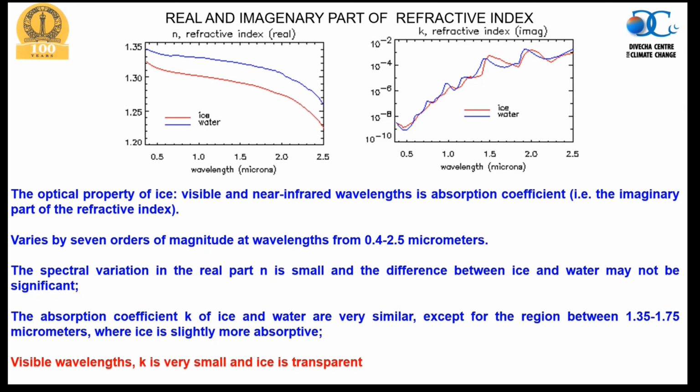So there is a significant amount of variation, but it is still very small. The spectral variation in the real part n is small, and the difference between ice and water may not be significant. What this really means has a lot of implications.